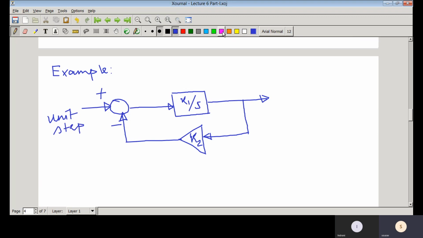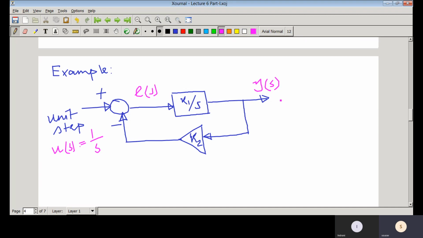Unit step means that U(s) would be equal to 1 by s. Now here you have the error signal E(s), and here you have the output Y(s), the Laplace transform of y(t).